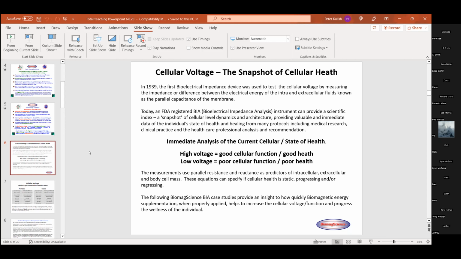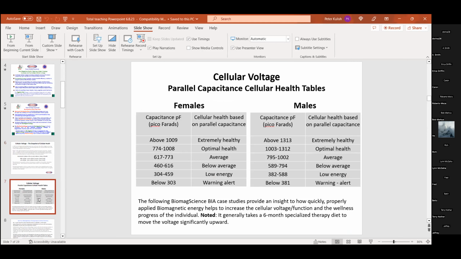And so using that, these are the general numbers of the voltage of the cells, actually the parallel capacitance of the membranes, which are done in what's called picofarads.